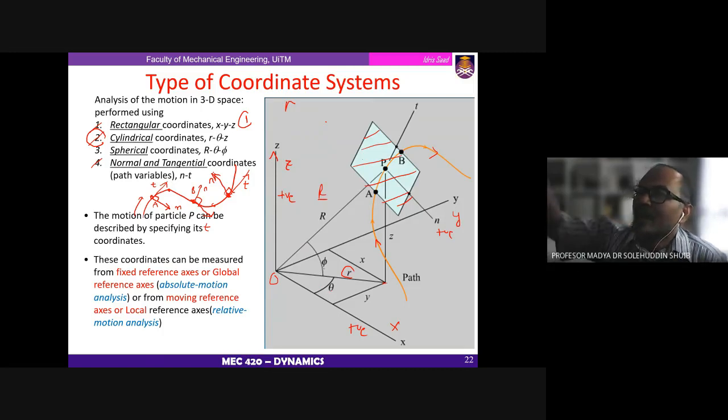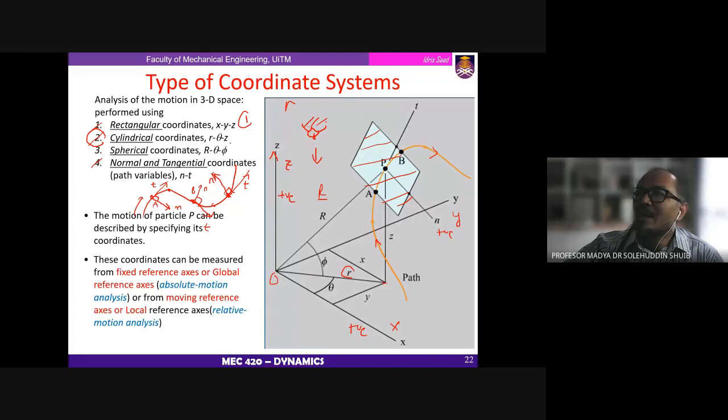Imagine you have a drone, or rather an eagle view, watching from above. From the top, looking down, you can see this R and this theta, the value of theta.